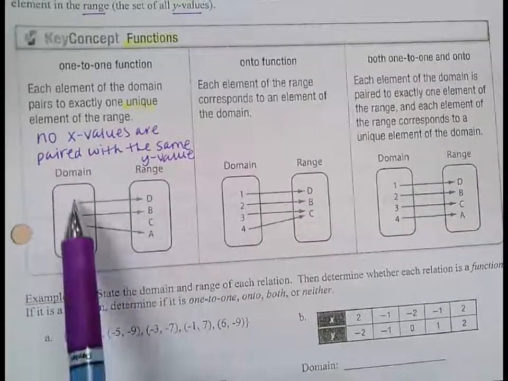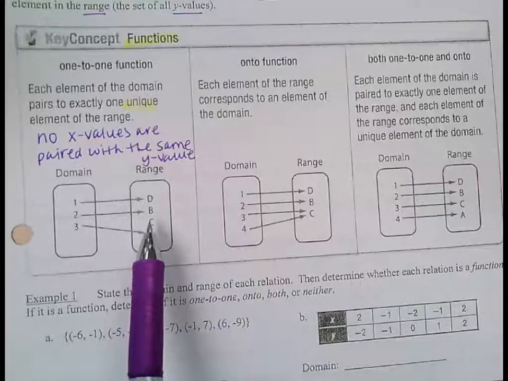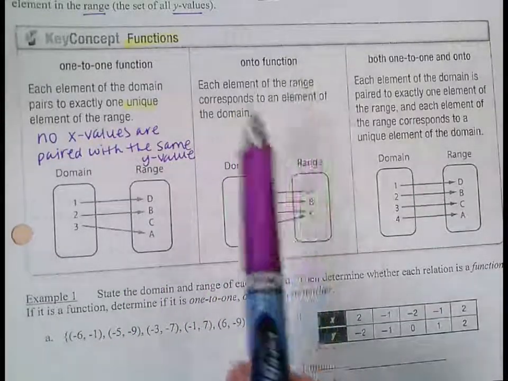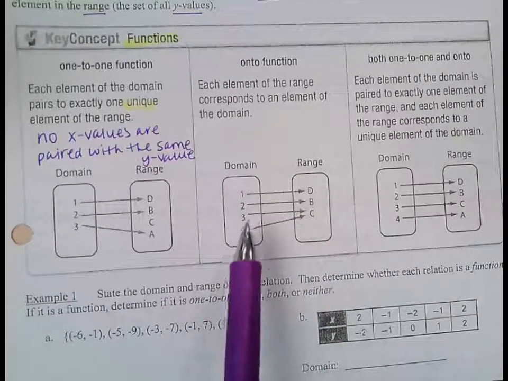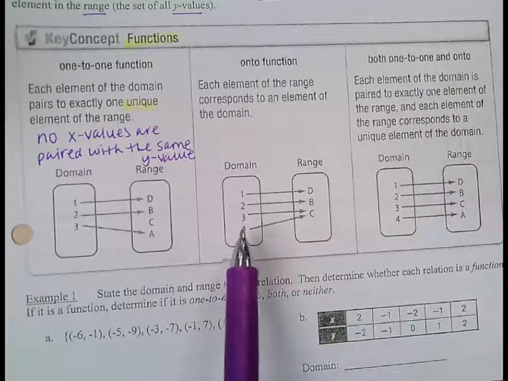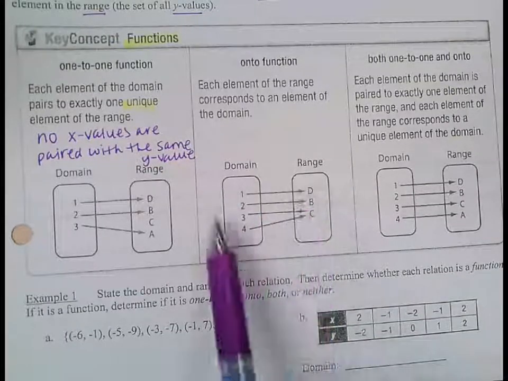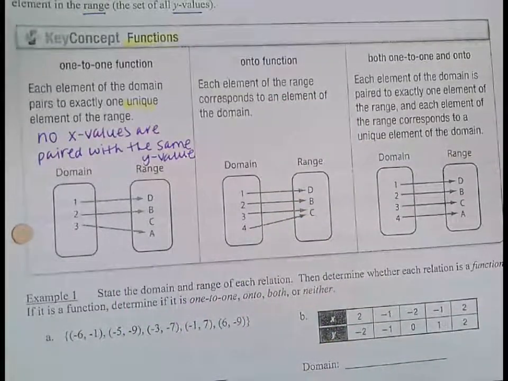You don't see any of these values, 1, 2, or 3, going to the same range value. If you look at the next one, before I even talk about what onto is, this is not one-to-one, because if you notice, 3 and 4 are both going to C. They're both paired with C. So while this is going to be an example of onto, it is not a one-to-one function.